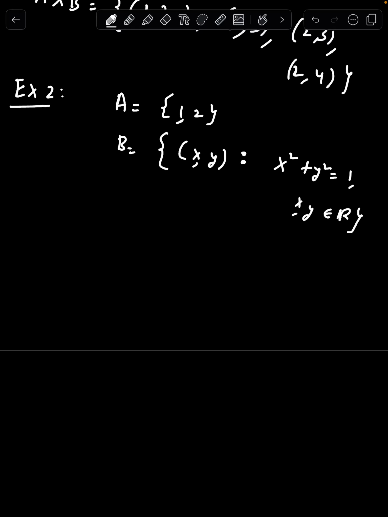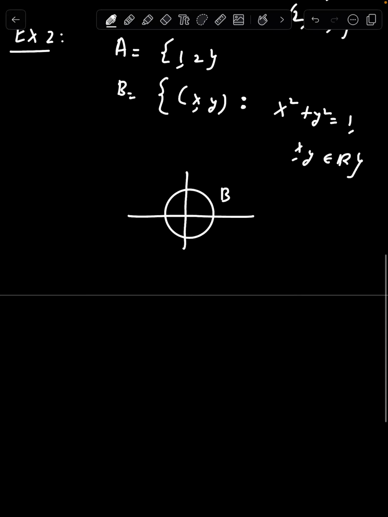Well, don't you think that B represents a circle centered at the origin? So this is B. And what will be A cross B? Let's take a look at it geometrically.